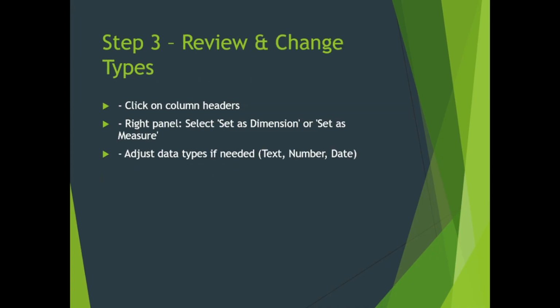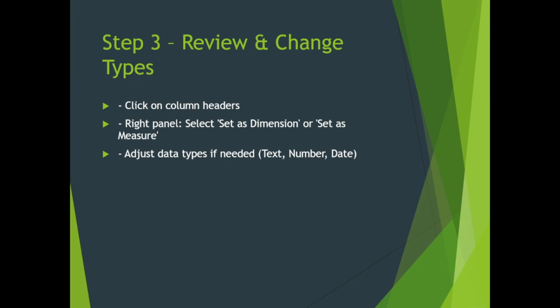The next step, we have to review and change the type. If we want to change the type of any column, we can do so using the options provided in the data modeler. On the right panel, we select set as dimension or set as measure.